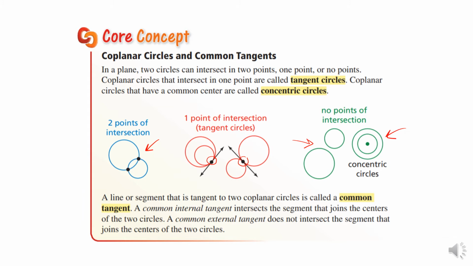A line or a segment that is tangent to 2 coplanar circles is called a common tangent. A common internal tangent intersects the segment that joins the centers of the 2 circles. A common external tangent does not intersect the segment that joins the centers of the 2 circles. So this would be an internal tangent, and this would be an external tangent.